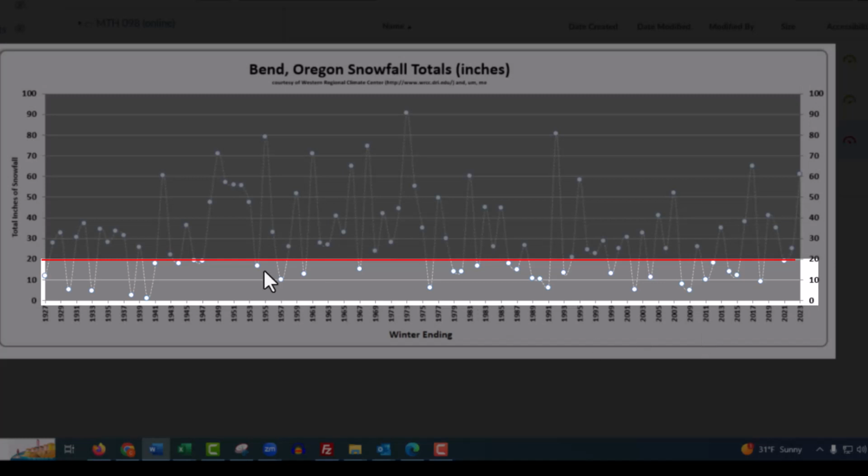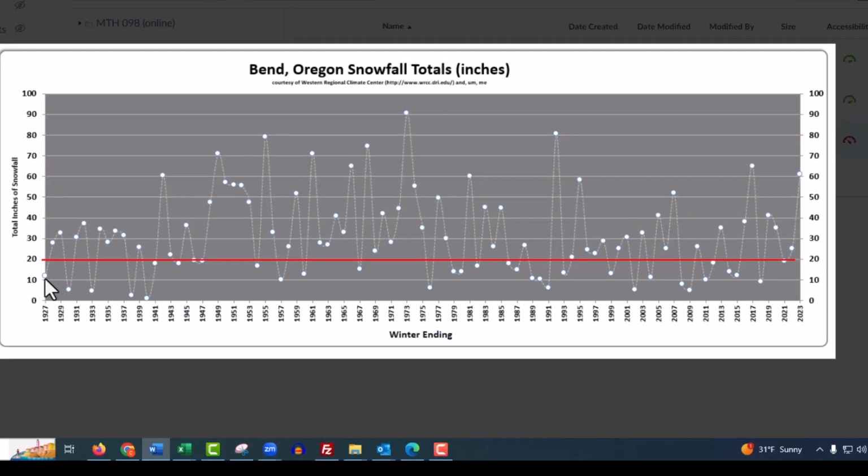So I'm feeling a little bit saucy here. So 1, 2, 3, 4, 5, 6, 7. That one looks like it's a little bit below. 8, 9, 10, 11, 12, 13, 14, 15, 16, 17, 18, 19, 20, 21, 22, 23. That one's above. 24, 25, 26, 27, 28, 29, 30, 31, 32, 33, 34.